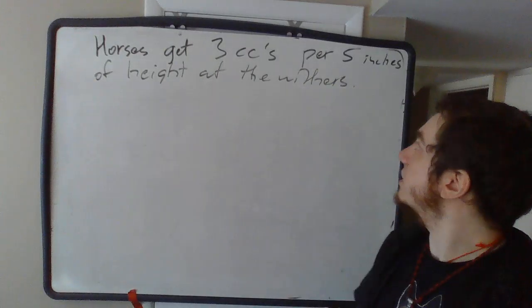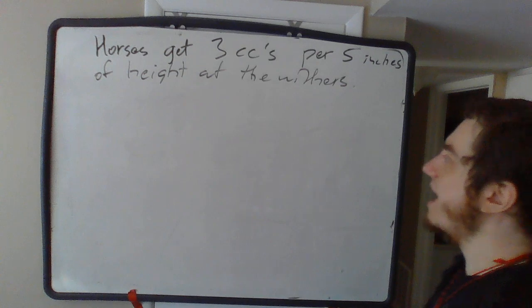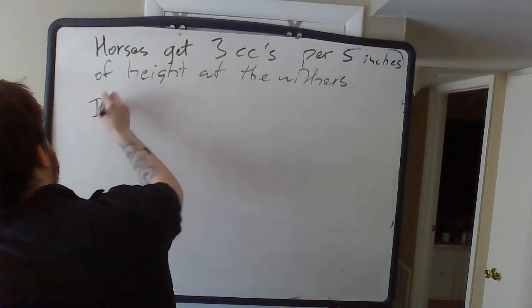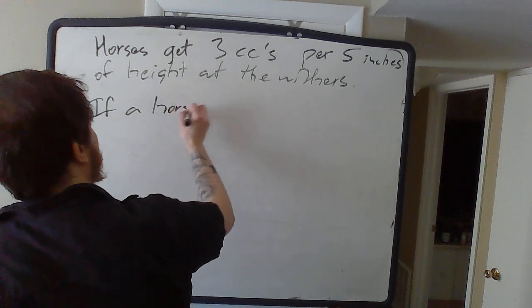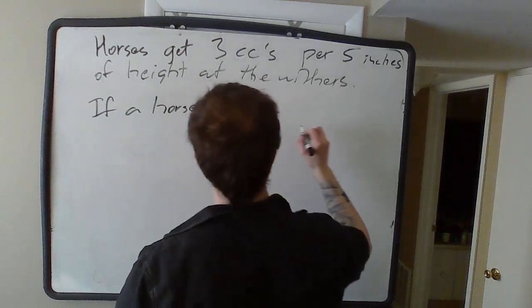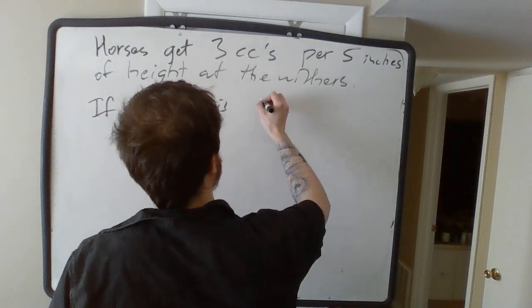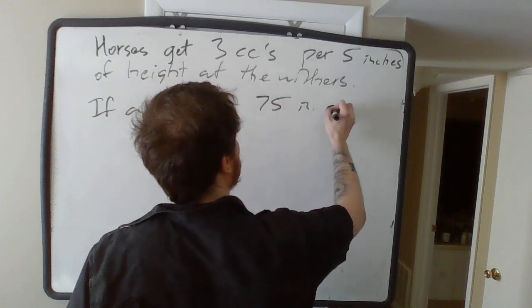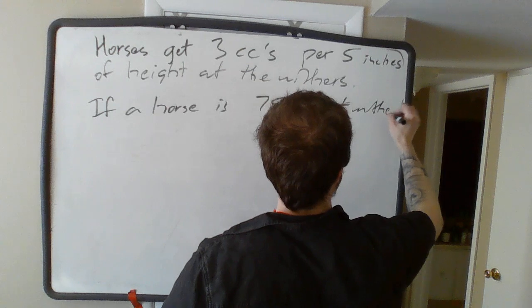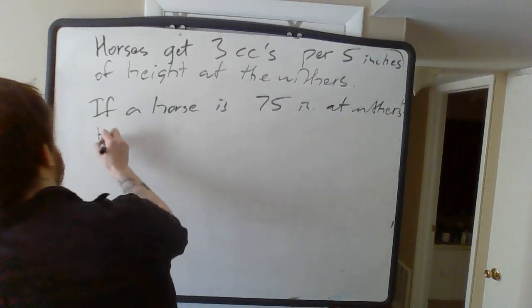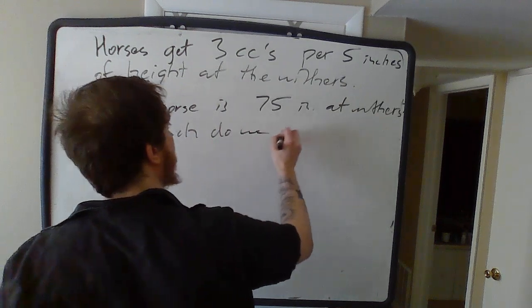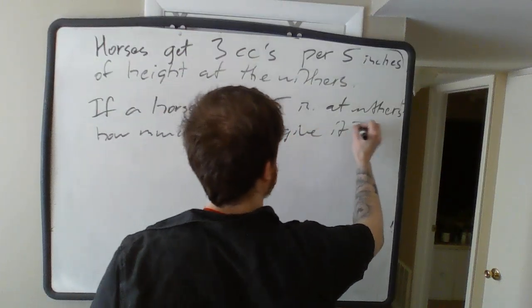So let's suppose that we measure that the horse has a height of 75 inches at the withers, and we want to know how much do we give it.